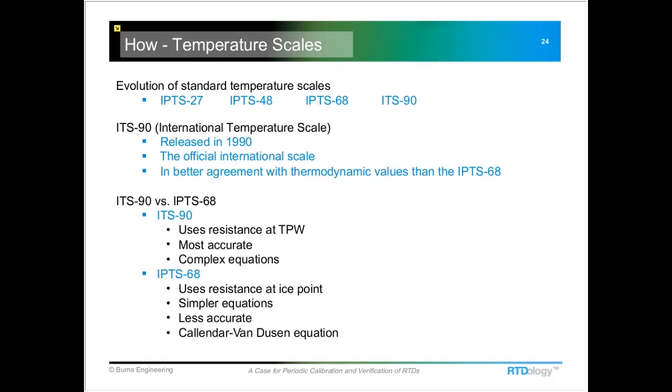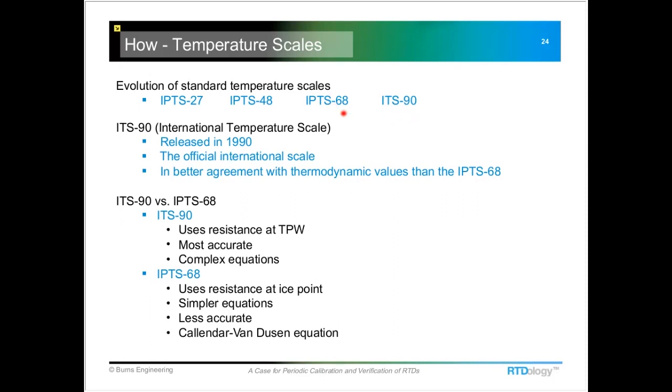Now, if we were going to do a full calibration of a probe, we'd get into looking at some of the temperature scales and how they relate resistance versus temperature to a mathematical equation. And this has evolved over the years, started back in 1927, and I think it was probably the National Bureau of Standards is what it was called back then, and it changed its name over the years. This IPTS was the International Practical Temperature Scale, and then they just changed it to ITS in 1990.